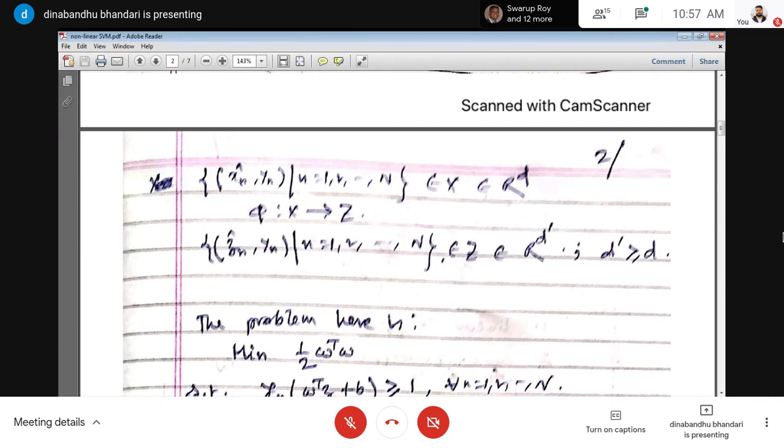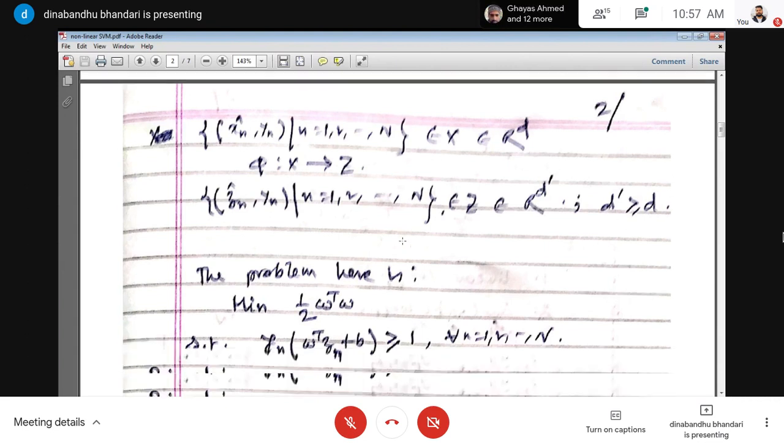So xn becomes phi of xn, which we can represent as Zn, with the label the same, Zn, yn. Zn is equal to phi of xn, for n equal to 1 to capital N, while Z belongs to R^d dash, the d dash dimensional real space. Obviously, this d dash is greater than or equal to d, and d dash may be infinity.